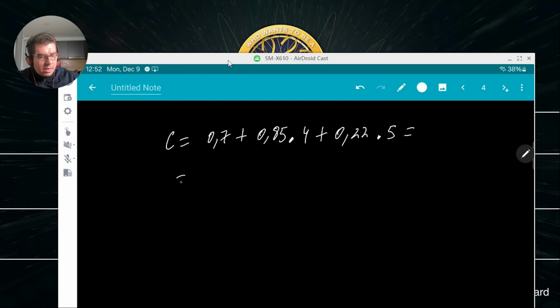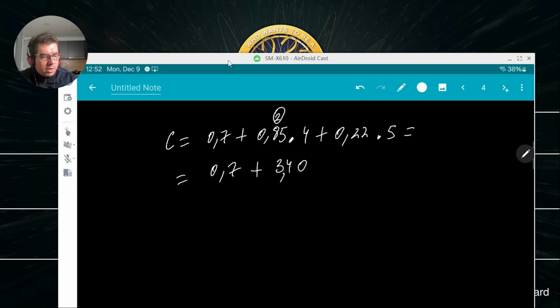Okay, and just calculate again without calculators. 0.7 plus 4 times 5 is 20, 0 and 2 we retain. 8 times 4 is 32, plus 2 is 34. 34, and we have to add 2 digits after the decimal point.